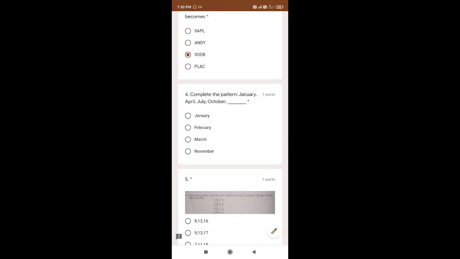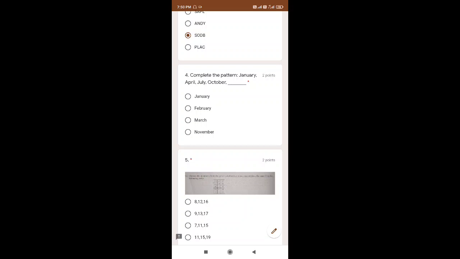Then come to question number 4. Complete the pattern: January, April, July, October, dash. Option A January, option B February, option C March, option D November.